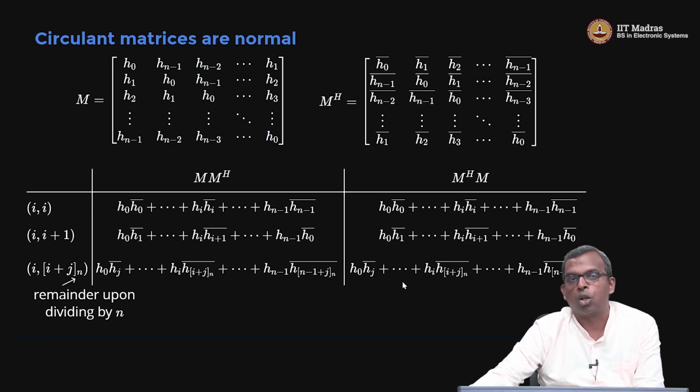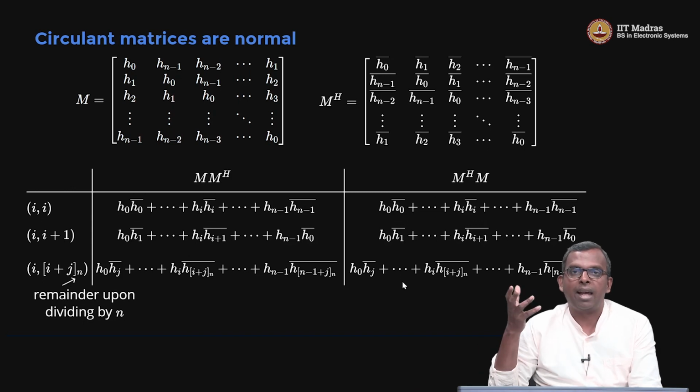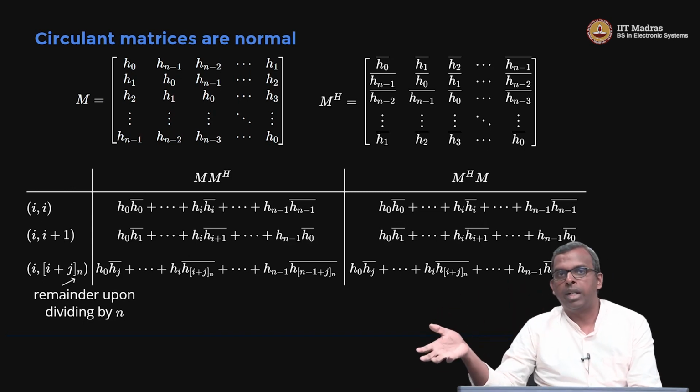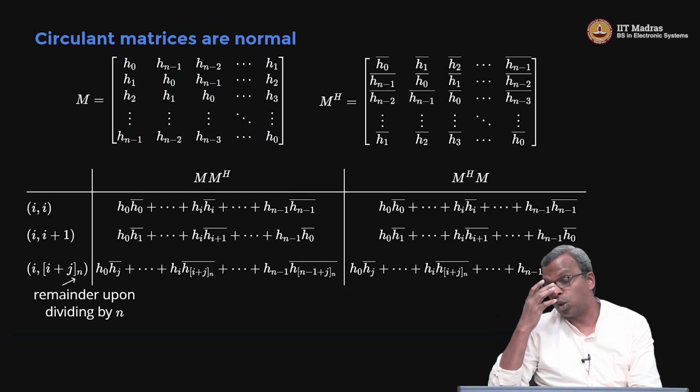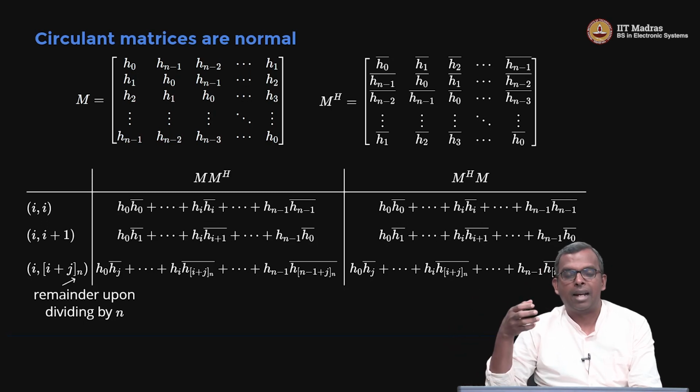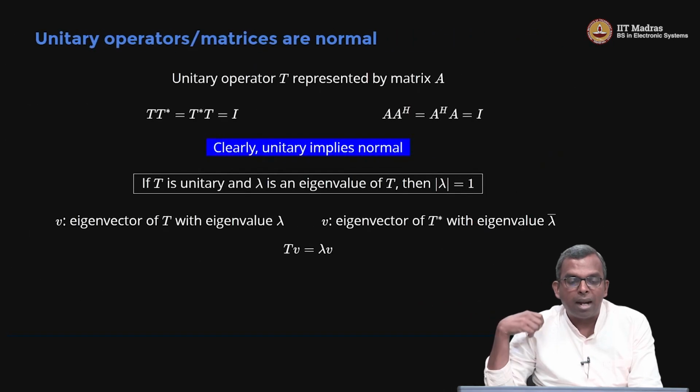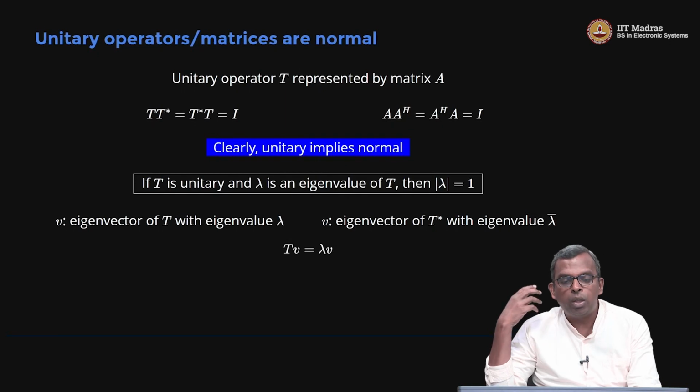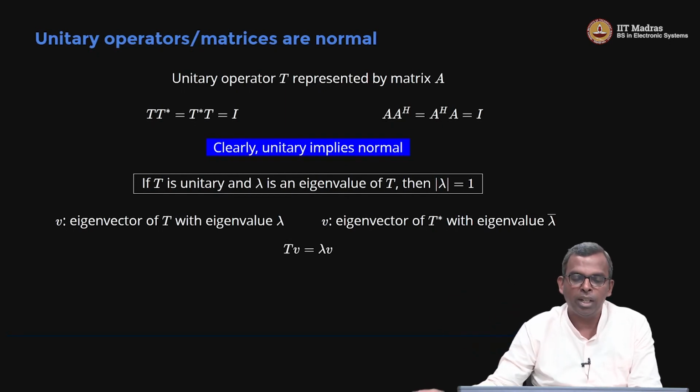So circulant matrices are normal, and no wonder they have an orthonormal basis of eigenvectors, and curiously enough, for circulant matrices, the Fourier basis ends up being that basis. Another very interesting property is that unitary operators, matrices that are unitary, are also normal. That's a curious relationship.